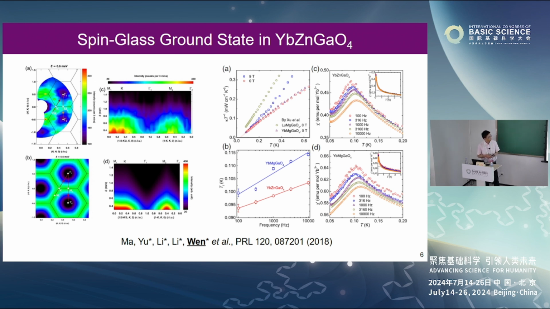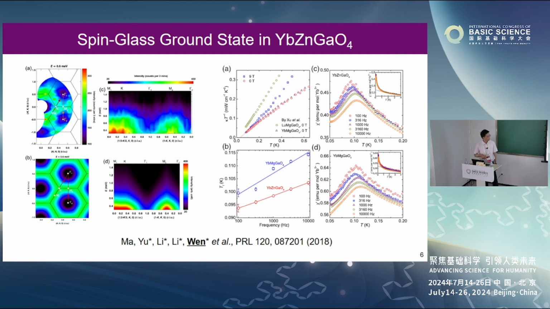So what is the real ground state? We further measure the AC susceptibility, and we found that either for ytterbium zinc gallium oxide, the YZGO, and also for YMGO, ytterbium magnesium gallium oxide, they both have a freezing temperature around 0.1 Kelvin.